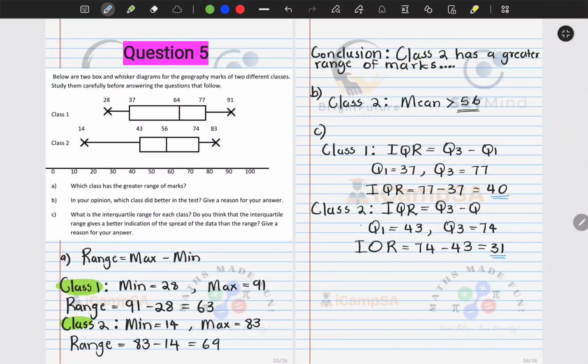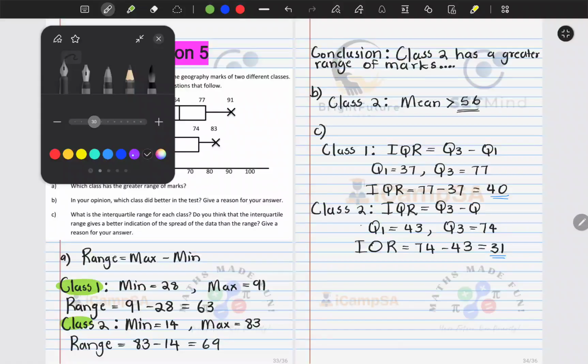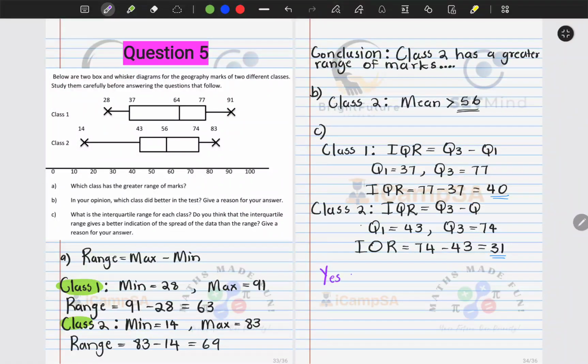And then the next question is, do you think the interquartile range gives a better indication of the spread of the data rather than the range? Okay, and then give a reason for your answer. So the first thing would be yes, that is what I would say, it gives a better representation.